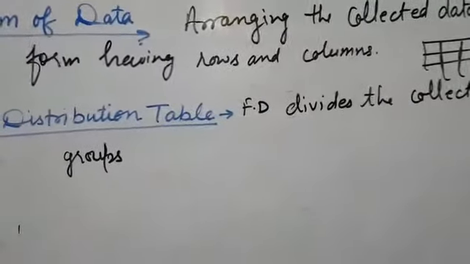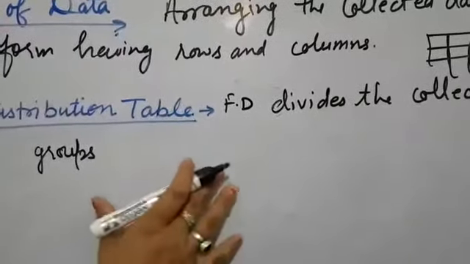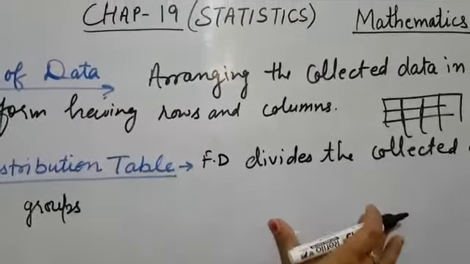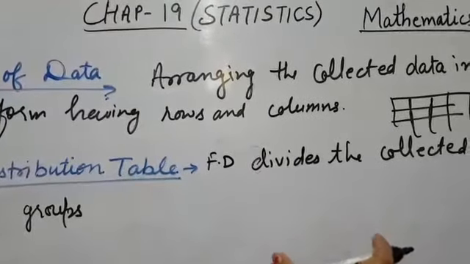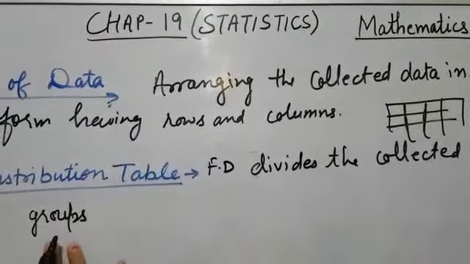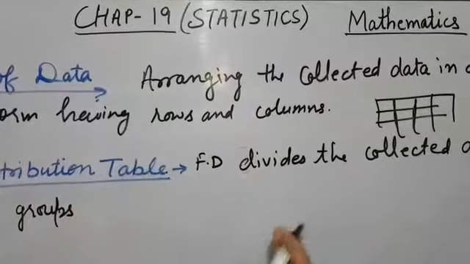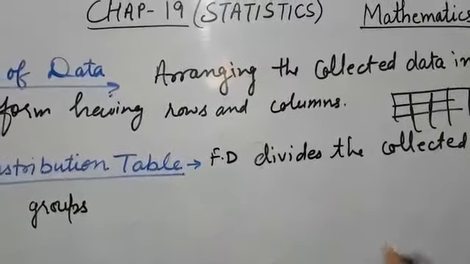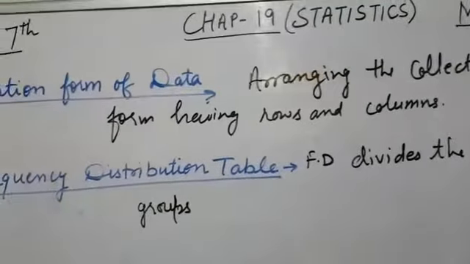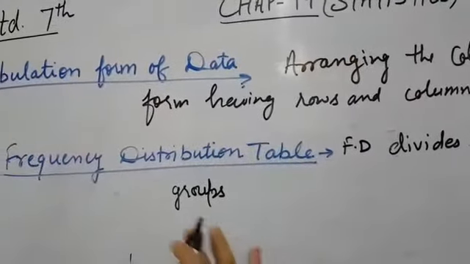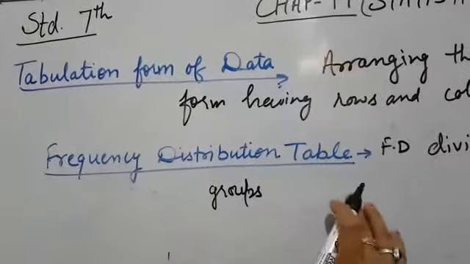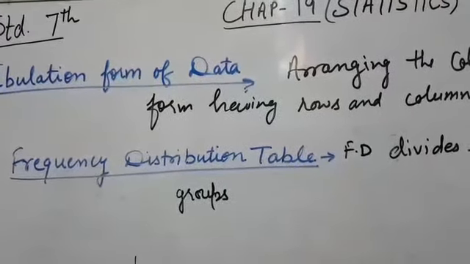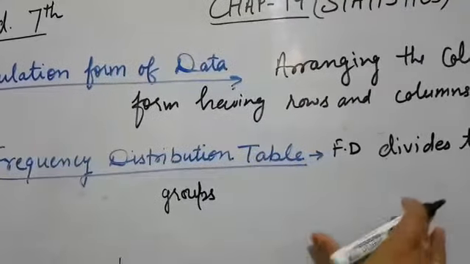This makes our sum or our data very easy when lots of figures are given to us and it is difficult to come to a conclusion. When we divide them into groups, the understanding of that information becomes very easy for each and everyone. The frequency distribution table shows how many times, or how frequently, a value is occurring in the data.